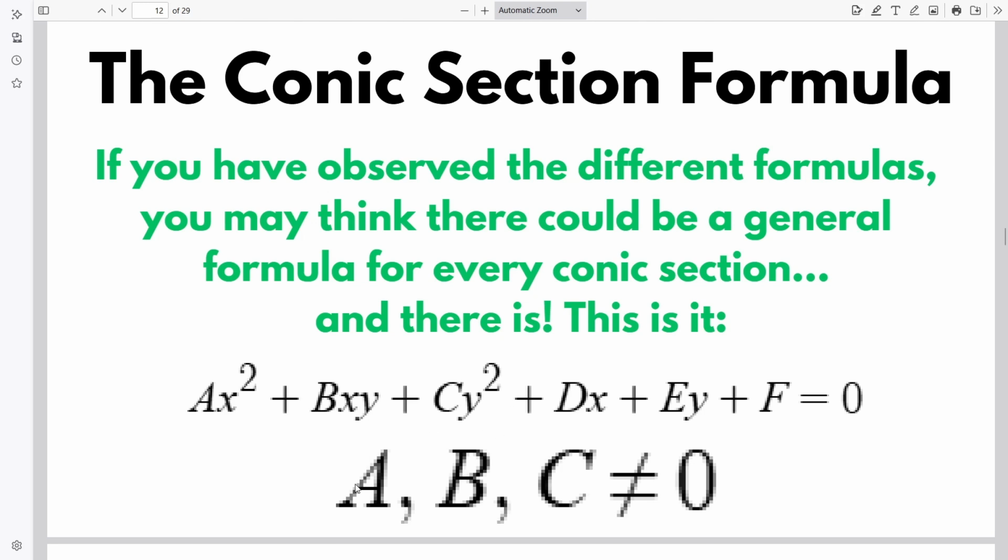Now I bet you're wondering why it says here that a, b, and c can't all equal 0. Well, because if a, b, and c all equal 0, it's just a linear equation, which is not a conic section. It's just a line.